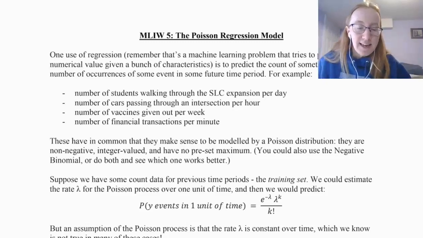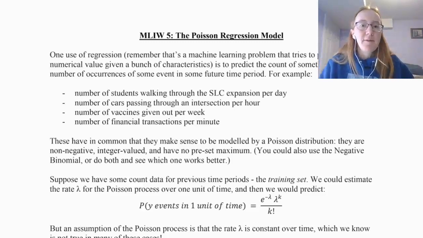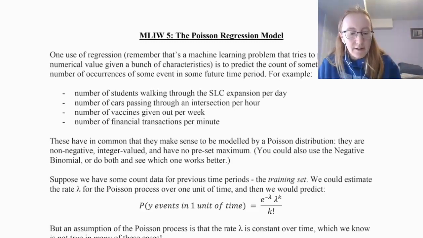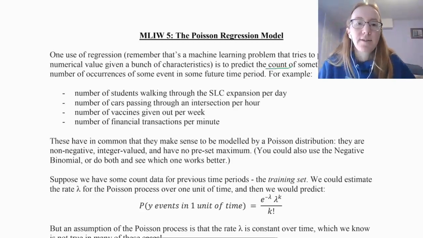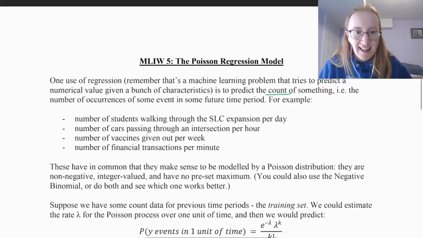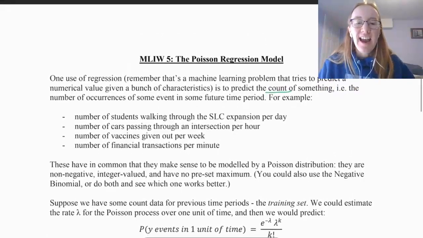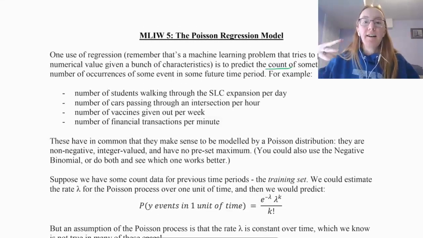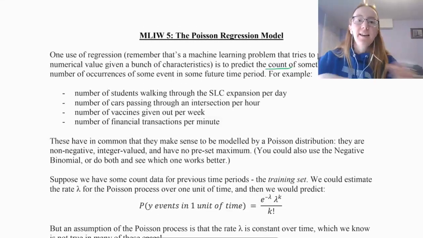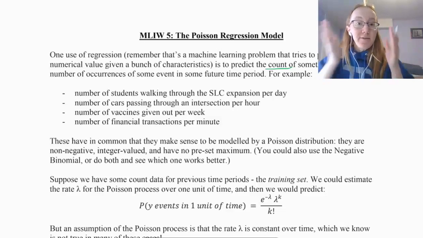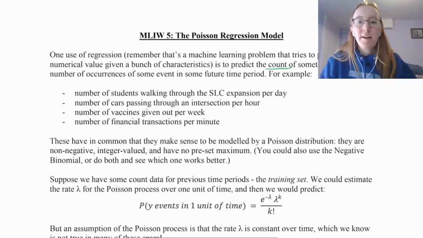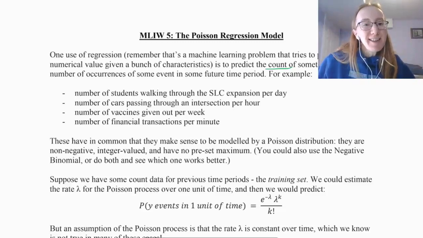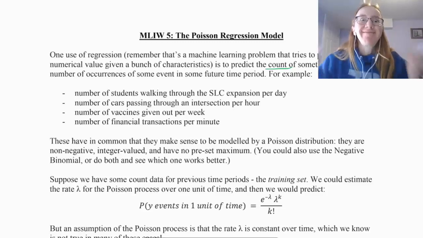One particular type of thing that we might want to predict is the count of something. In other words, the number of occurrences of some event in some future time period. And often we do this sequentially. So the number of students walking through the SLC expansion per day, which I mean, right now it's probably 0 because it's still under construction.